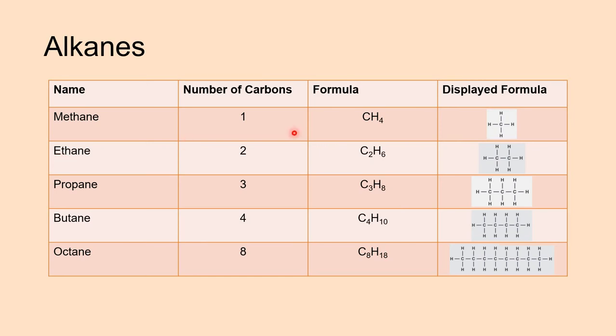We have ethane, which has 2 carbons, propane, which has 3 carbons, butane, which has 4, and then I've also put octane, which has 8 carbons, down here, so that you can see if you managed to draw it correctly. So you should have 8 carbons in a straight chain, all joined by a single bond. There should then be 2 hydrogens coming off each carbon, plus an extra 2, 1 at each end.